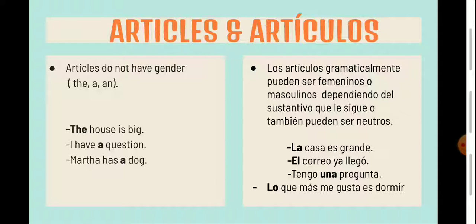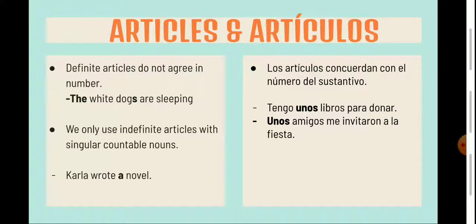Moreover, we can say that definite articles do not agree in number in English. The white dogs are asleep. And moreover, we only use indefinite articles with singular countable nouns. Carla wrote a novel. Here we cannot use the plural.